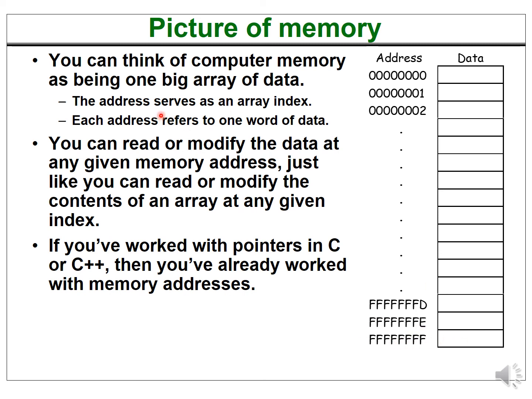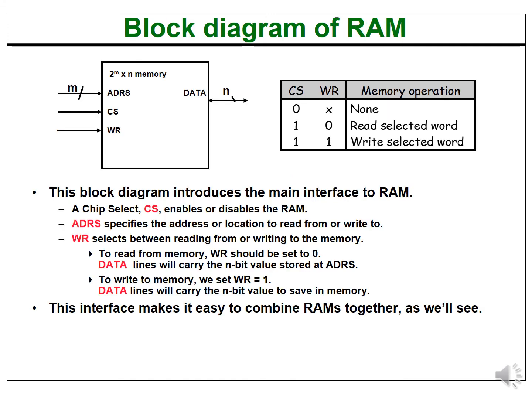The address serves as the index of the array, and each address refers to one word of data. If you have worked with pointers in C or C++, you already know what an address is, how to refer to a particular address, and how to use the address programmatically, right? You can read or write the data at any given memory address by using the specific address, right? Now, this is a basic block diagram of a RAM.